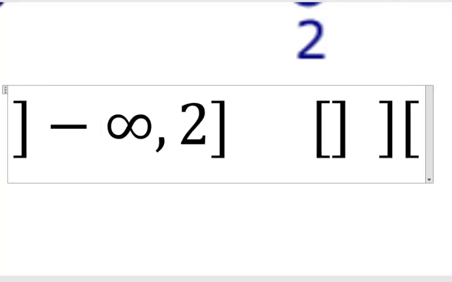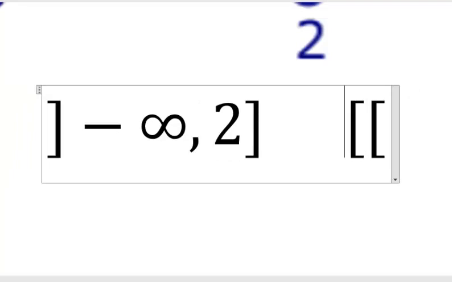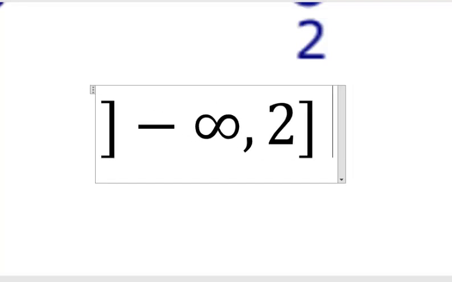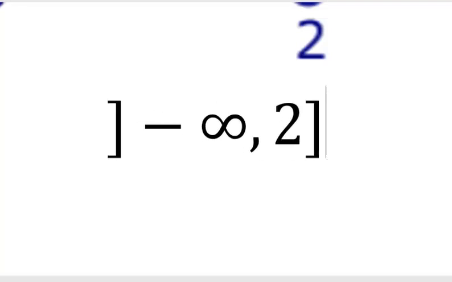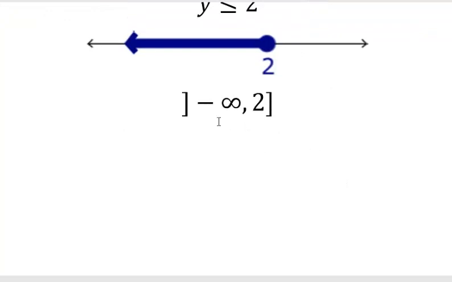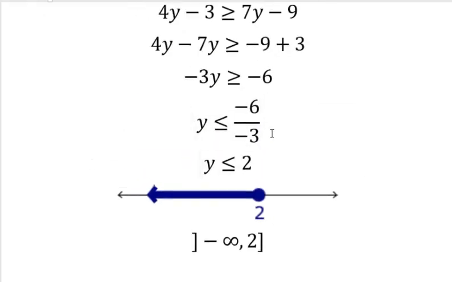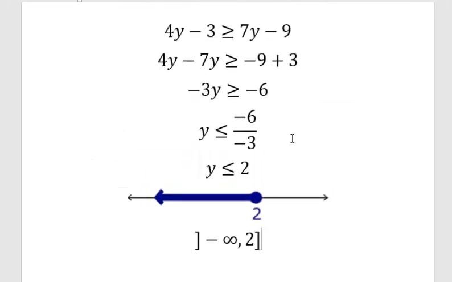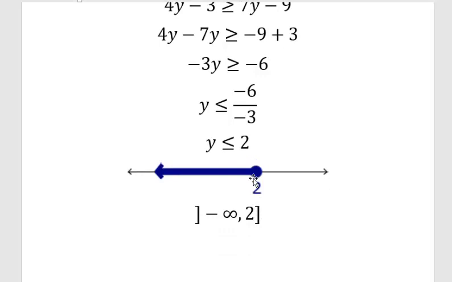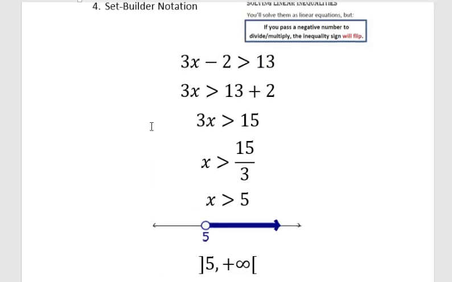Sometimes you can mix things, like you could close on the left and open on the right, or you could open on the left and close on the right. It depends on which drawing you get, it depends on your answer. But because it's colored, that means we're going to close that, and that's the solution in interval notation.